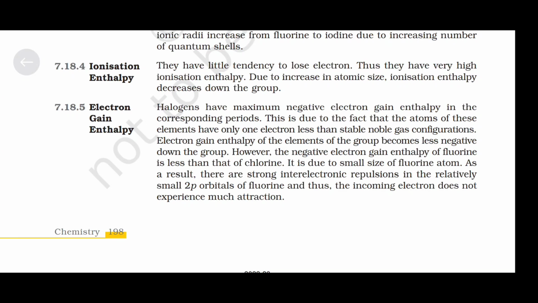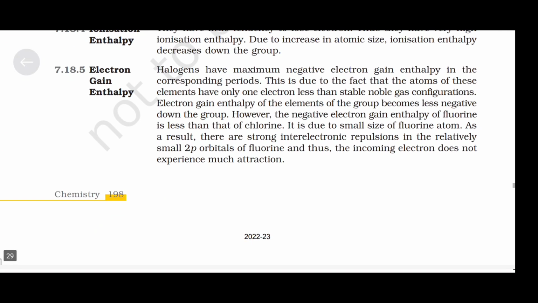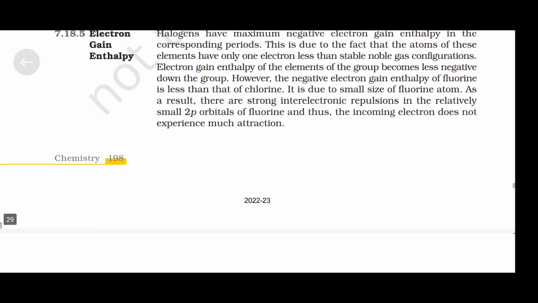However, the negative electron gain enthalpy of fluorine is less than that of chlorine. It is due to small size of fluorine atom. As a result, there are strong inter-electronic repulsions in the relatively small 2p orbitals of fluorine, and thus the incoming electron does not experience much attraction.